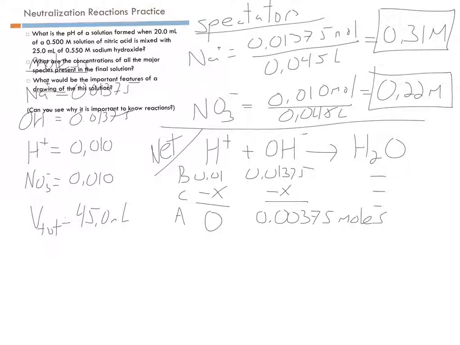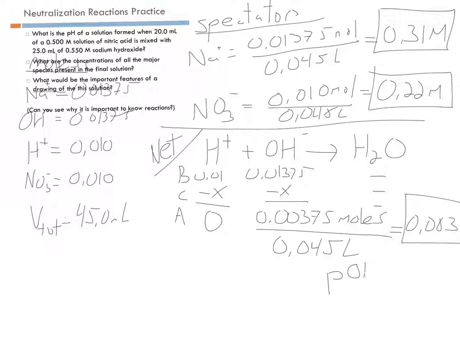If I have 0.00375 moles of hydroxide, I still have the same volume, 0.045 liters, and we get a hydroxide molarity of 0.083. Since that's a hydroxide, we can get a pOH of 1.08. 14 minus that gives me a pH of 12.92.